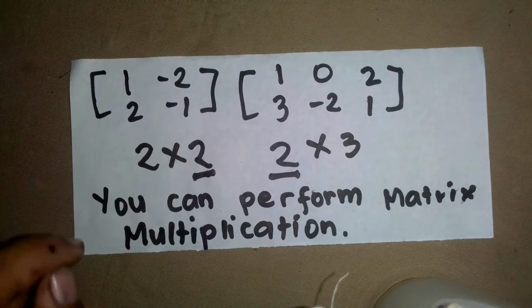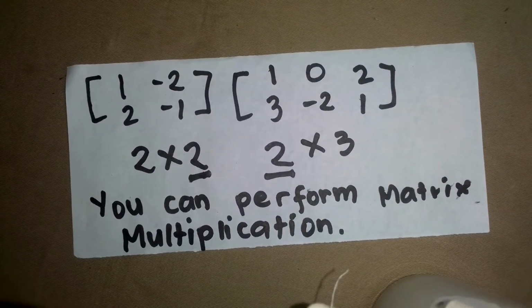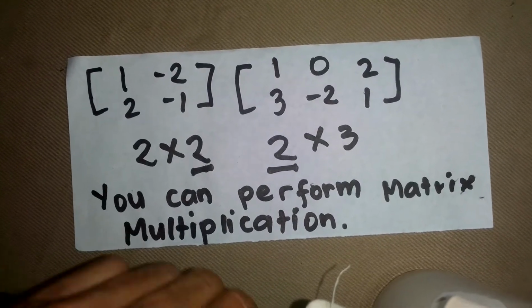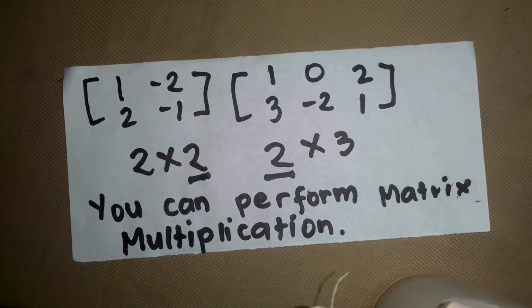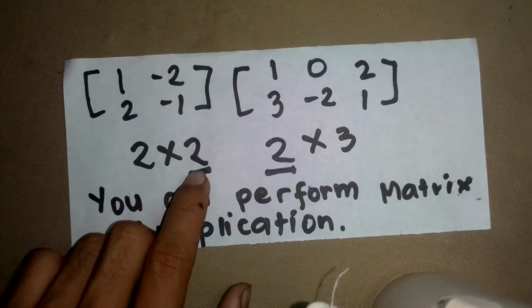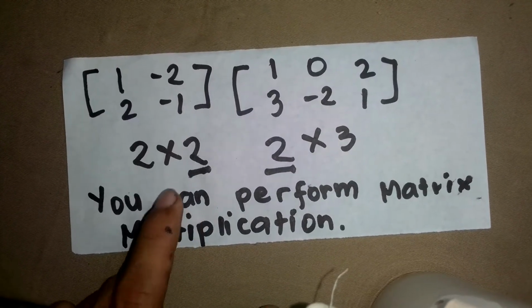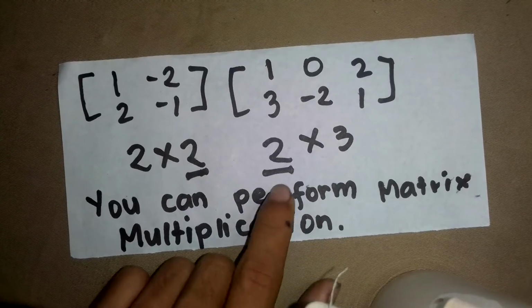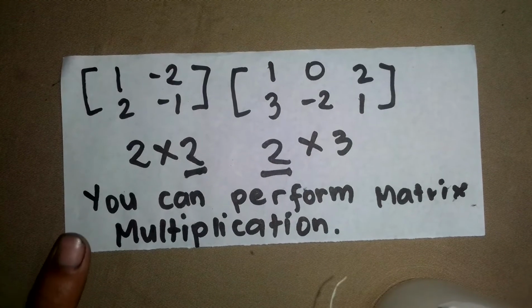The first matrix is 2 by 2, 2 rows and 2 columns. The second matrix is 2 by 3, 2 rows, 3 columns. It means the number of columns in the first matrix is the same as the number of rows in the second matrix, so you can perform the matrix multiplication.